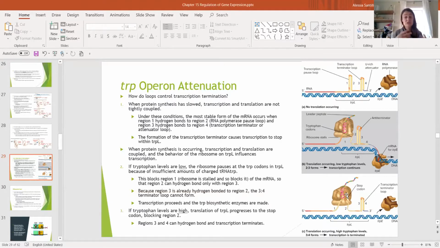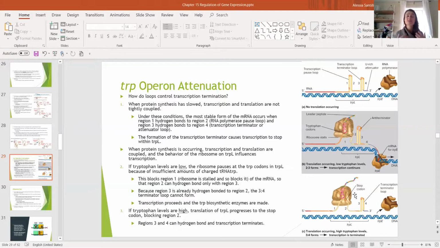And as it translates without stalling, it moves on to region 2. And so as it's in front of region 2, this RNA polymerase makes region 3 and region 4. Region 3 is not going to pair up with region 2 because the ribosome is over region 2. So it's going to make a region 3 and 4 complementary stem loop. That stem loop is the terminator loop. And it's going to destabilize everything.